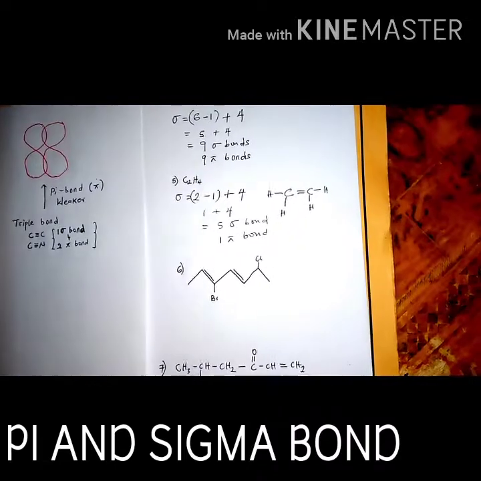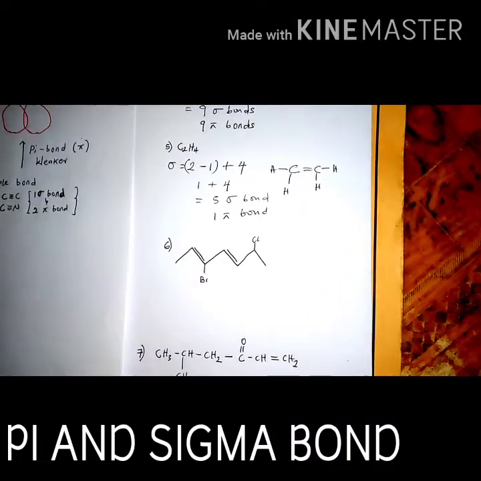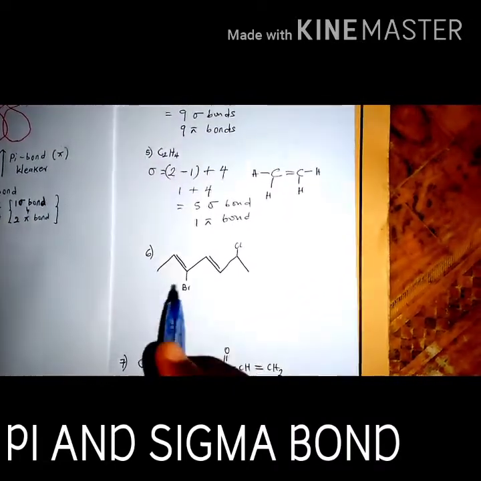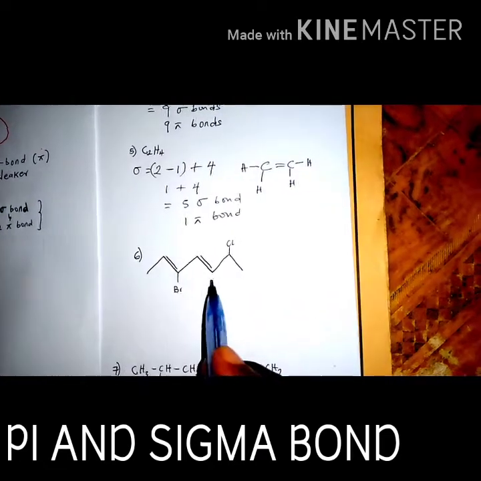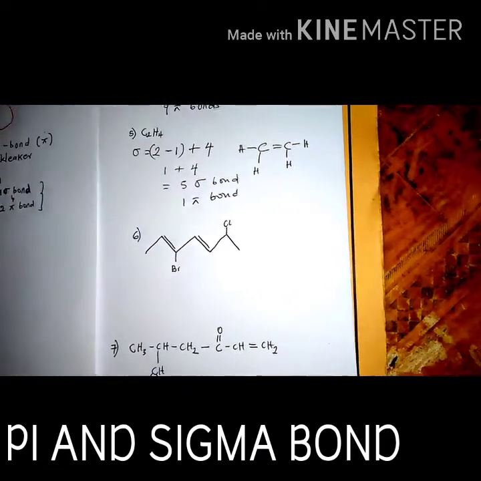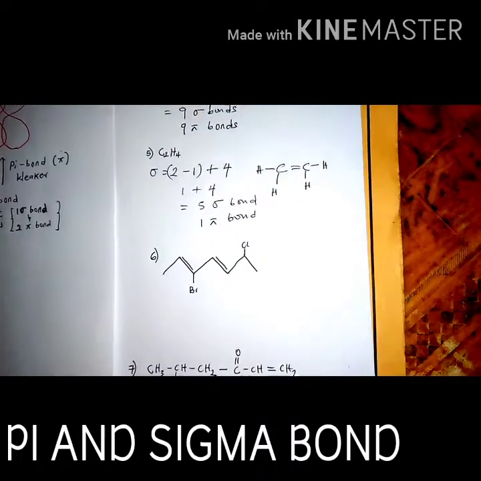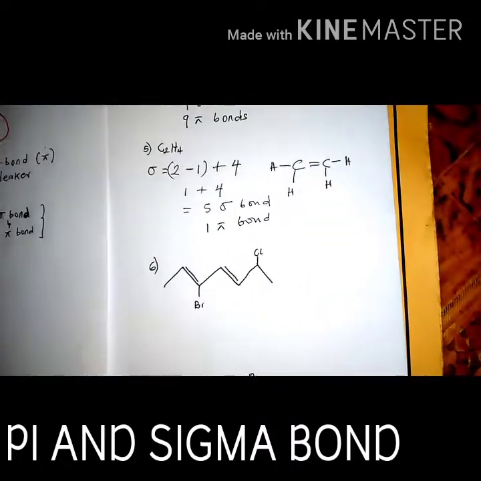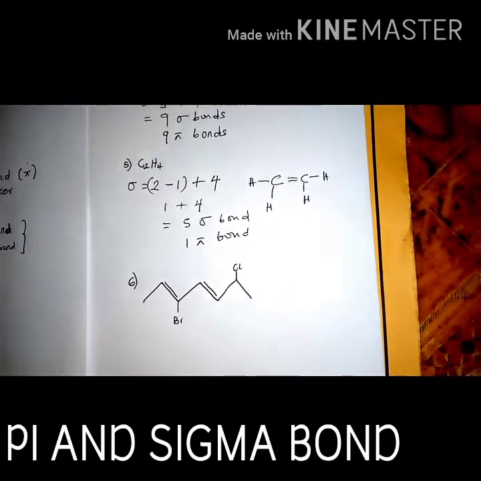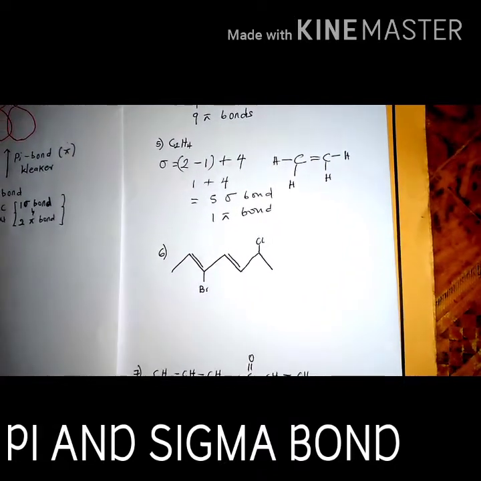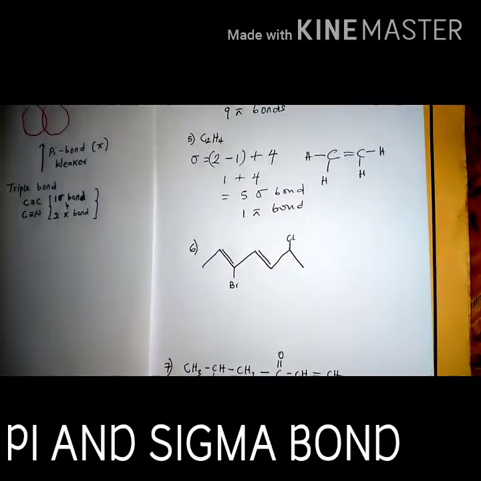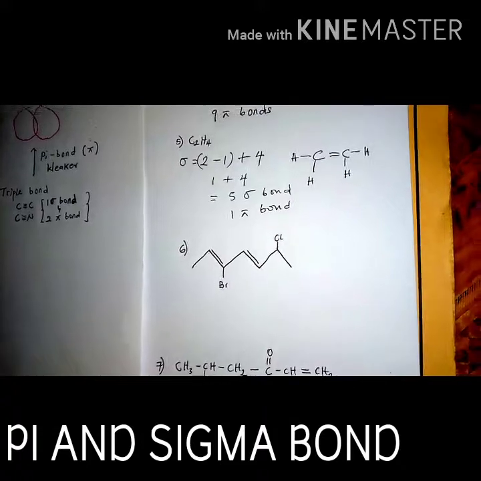Now you should note that in the stick diagram, every end and every bend indicates a carbon atom. Every end and every bend indicates a carbon atom.